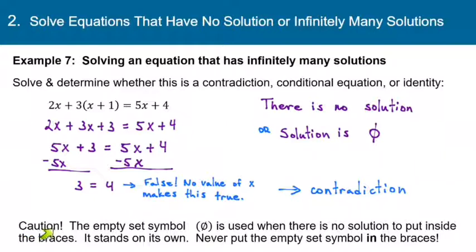Now, here's just a little caution note for us. The empty set symbol is used when there's no solution to put inside the braces, and it stands on its own. We never put the empty set symbol inside the braces. The empty set symbol is actually replacing the braces because they would have to be empty because there's no solution.